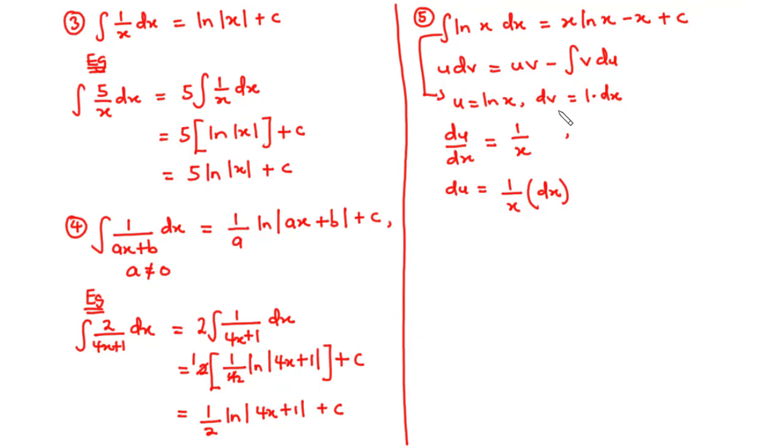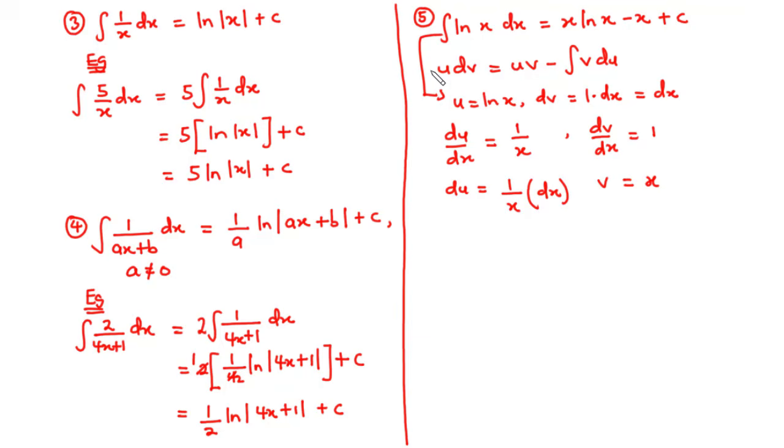Again, here we have dv to be equal to 1 times dx, which is the same as dx. So we can say that dv/dx is equal to 1. Now if you want to find v, that means you want to integrate this so that v will be equal to, when you integrate 1 with respect to x, then you have x.